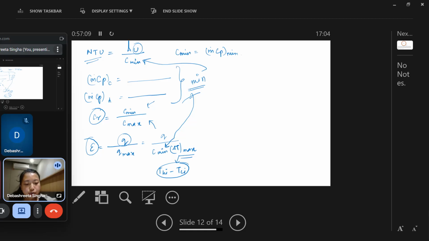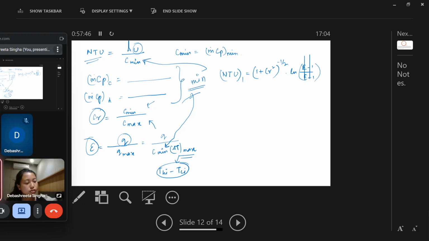Now you'll put this value in this equation. Since this is two shell passes, first you have to find out for one shell pass, and this is given by 1 plus CR square e power minus half into ln e minus 1 divided by e plus 1.